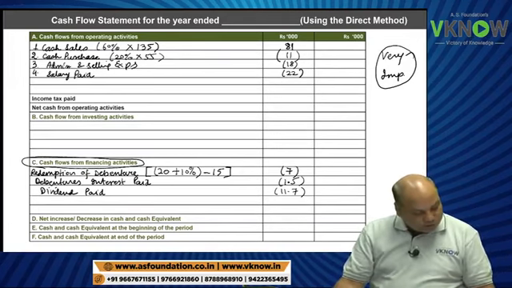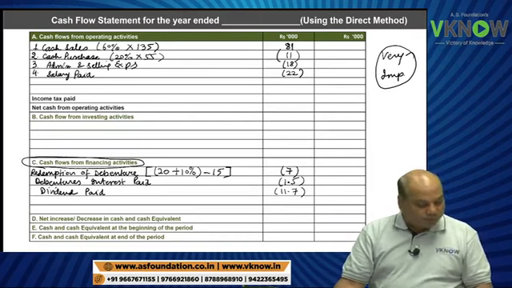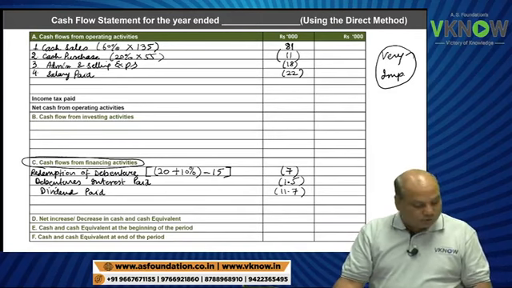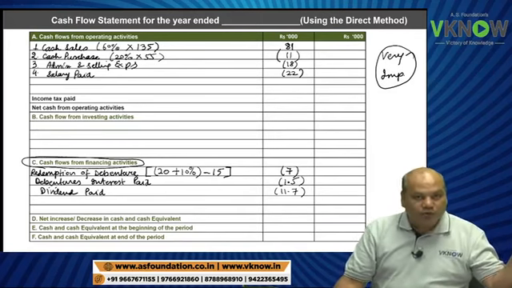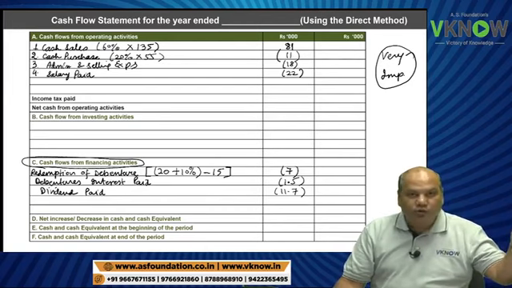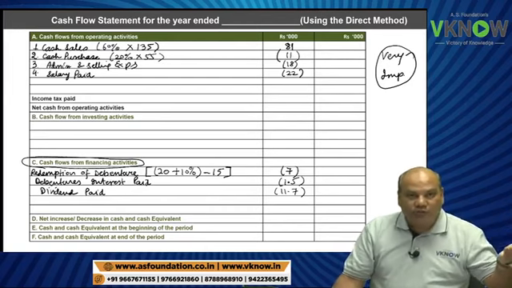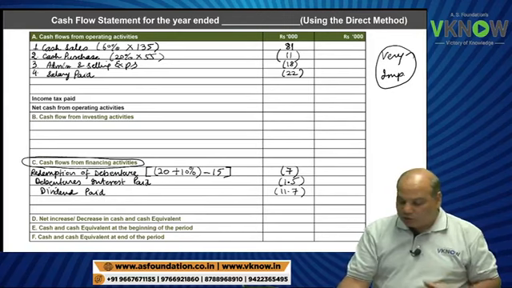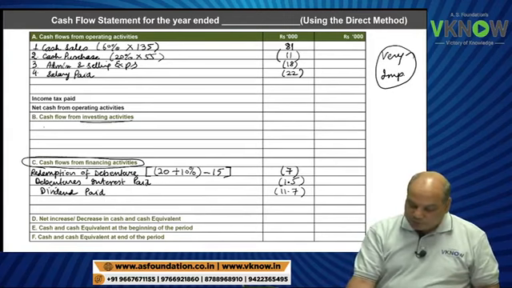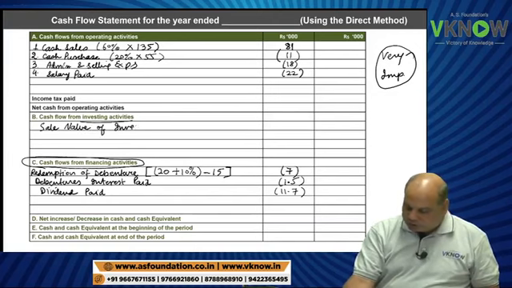And next point is investment costing rupees 12 crore was sold at a profit of 2.4 crore. Cost 12 crore, profit 2.4 crore. My question is, what is the sale value of investment? Investing activity, sale value of investment.